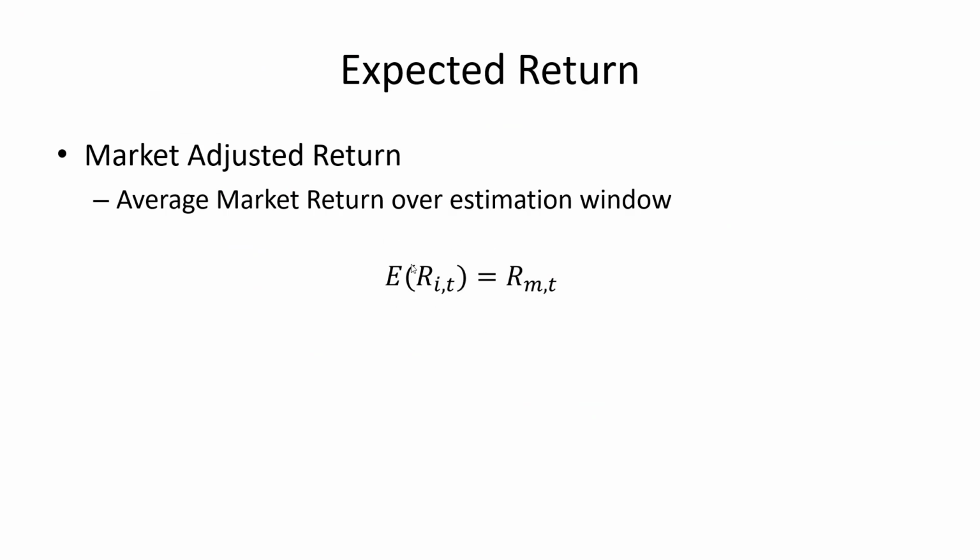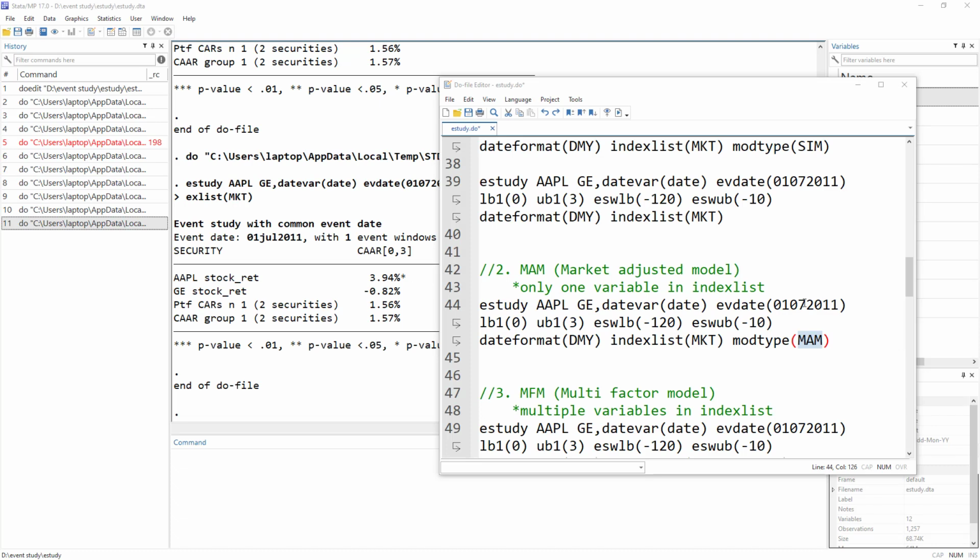Remember how market adjusted model was that we take not the average return, but just the return of the market to represent the expected return. So return of the market in that time period would be the market adjusted return model. So if we are going to calculate expected return based on market adjusted model, we would have to specify mod type MAM. So this is a must to specify.